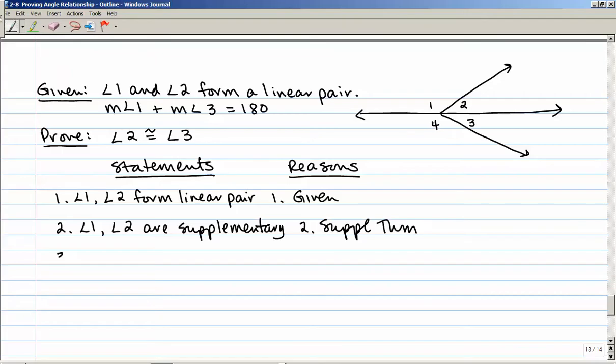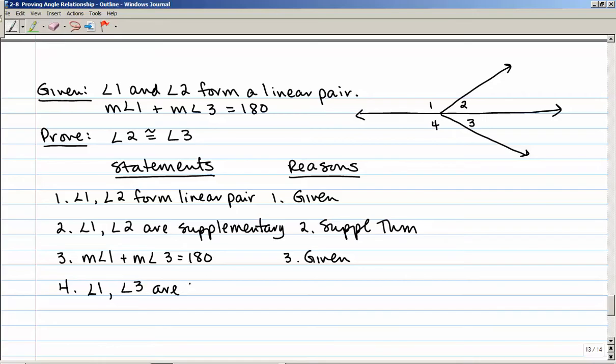Okay. Now, let's state the second part of our given, that the measure of angle 1 plus the measure of angle 3 equals 180. And that's given. Now, if two angles add up to 180, then by the definition of supplementary angles, they are supplementary.